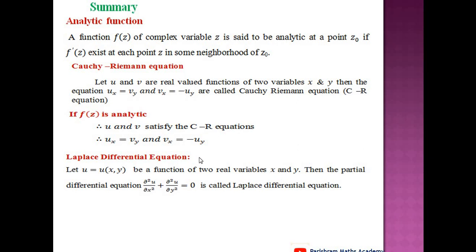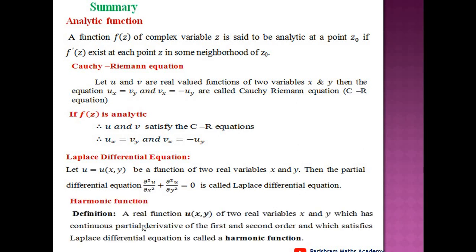Laplace differential equation: let u = u(x, y) be a function of two real variables x and y. Then the partial differential equation ∂²u/∂x² + ∂²u/∂y² = 0 is called the Laplace differential equation.